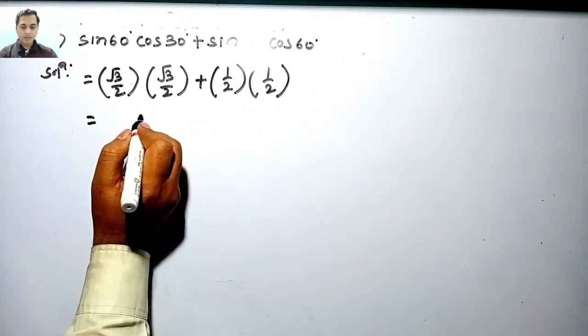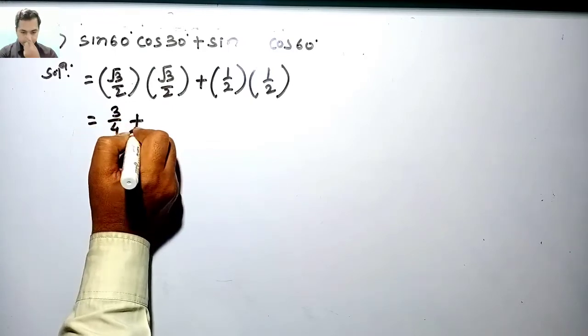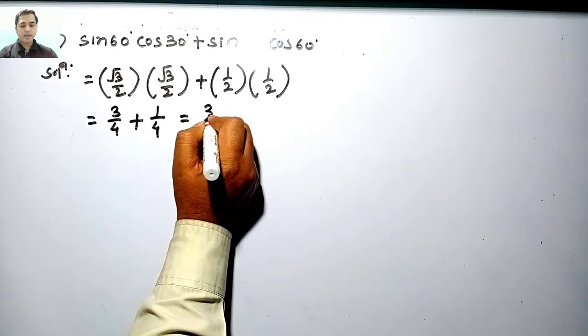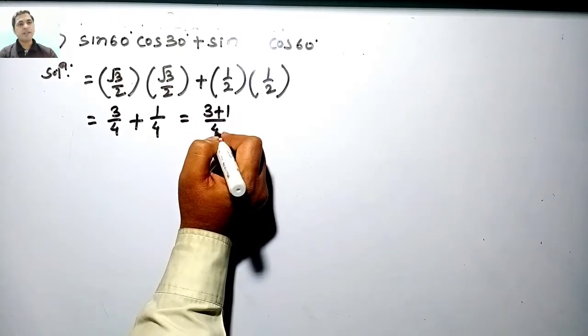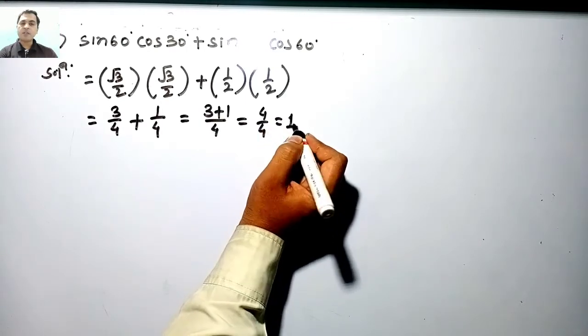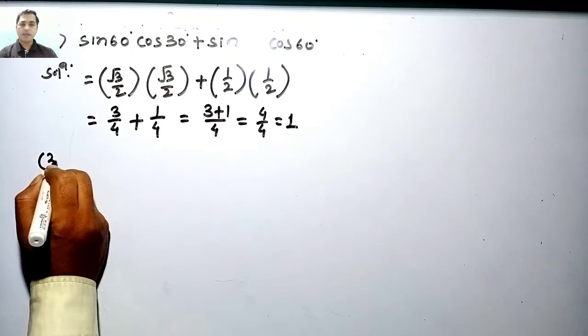So root 3 into root 3 is 3, and 2 into 2 is 4, so 3 by 4. Similarly 1 into 1 is 1, 2 into 2 is 4. So 3 plus 1 divided by 4 is 4 by 4. So what we are getting? 1, right student? Okay student, now moving to the next question.